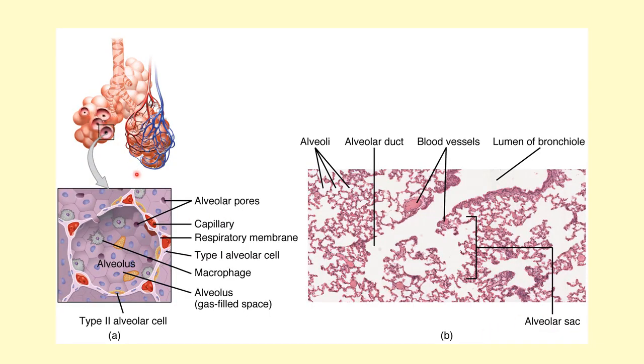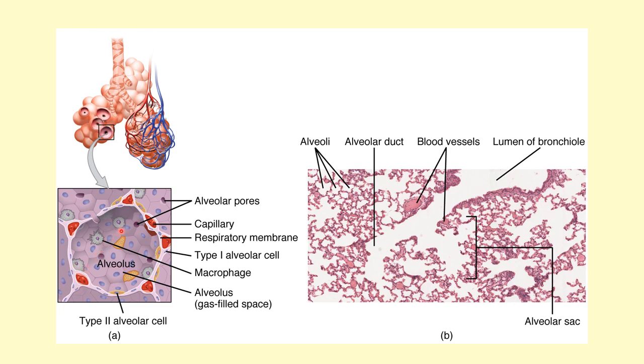And so once again, you've got your alveolar sac, here's your pulmonary capillaries surrounding them. In the cross section of one of these, this is just showing the different types of cells. So you have the alveoli, the gas permeable ones here, the type 1. You have the type 2 that is secreting surfactant, keeping this inflated, if you will, keeping it from collapsing and sticking to the sides, sticking to each other.